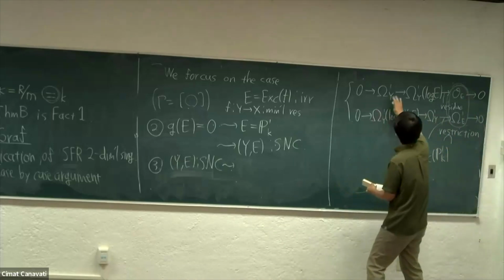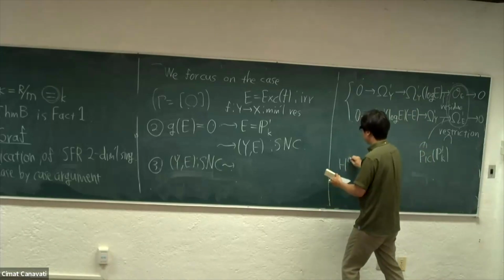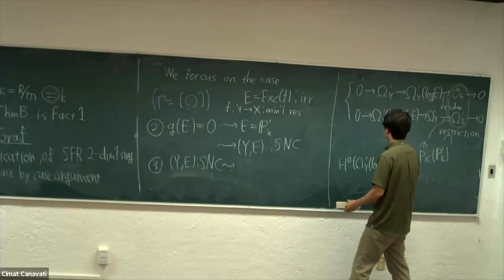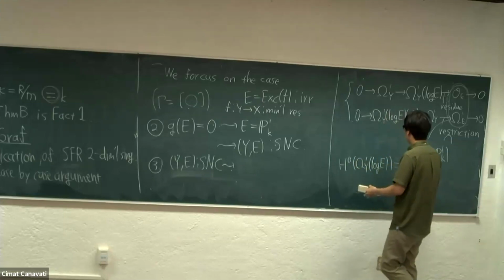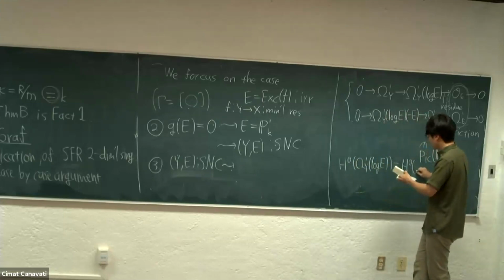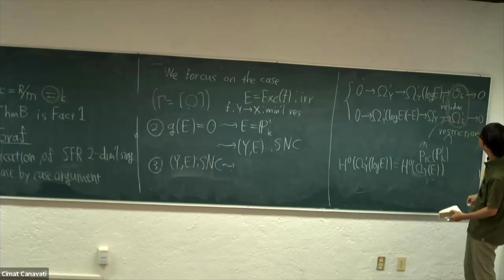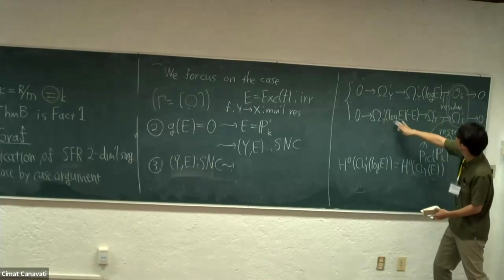So by using this, actually we can show that the global section of Omega log E is equal to H0 of Omega E1 tensor E, by using this part.